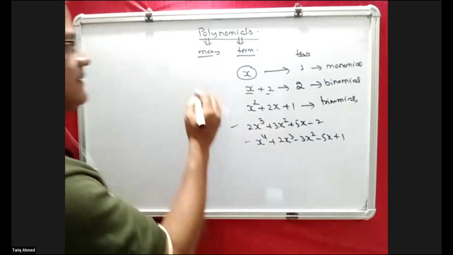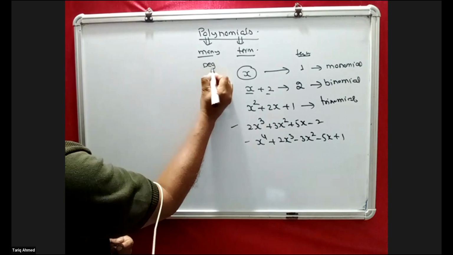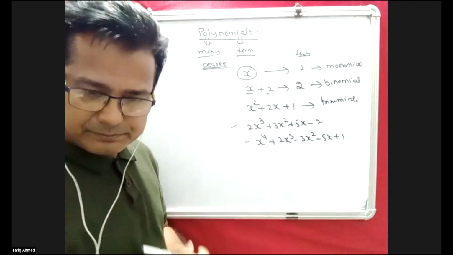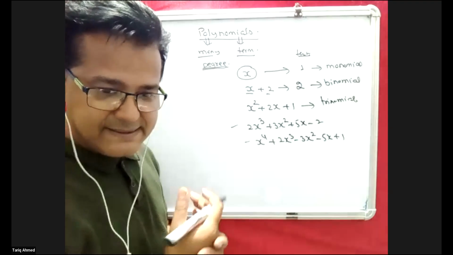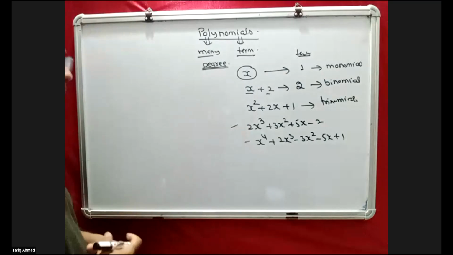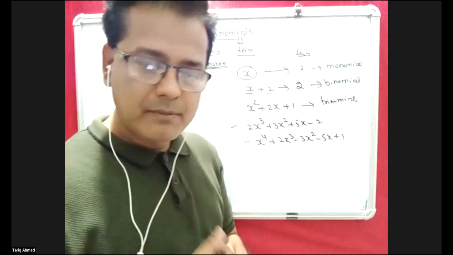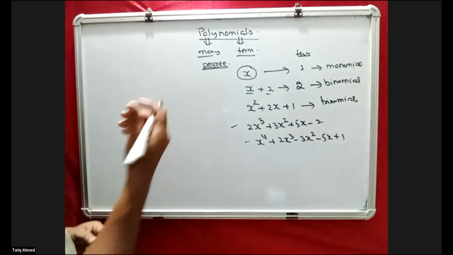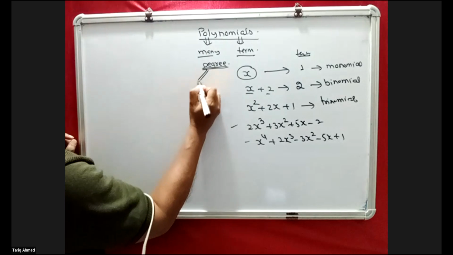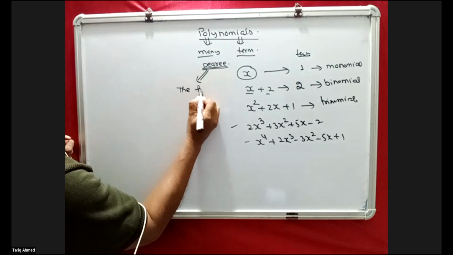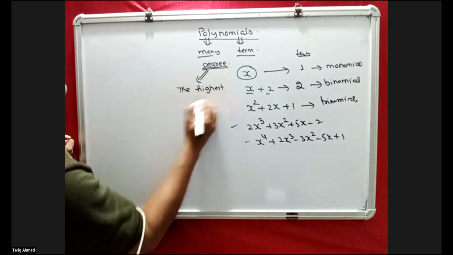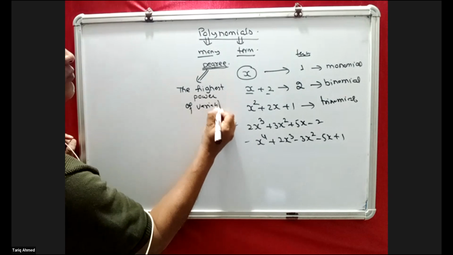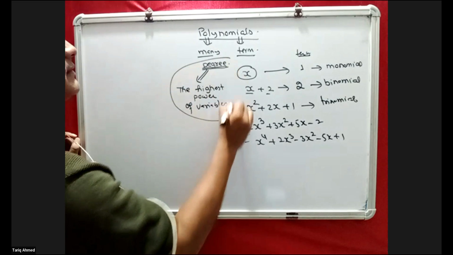One thing here is important: degree. Do you know what is degree? Any one of you? The power. Okay, you are right, in fact, but not exactly. Degree is the highest power of variables present in that expression.